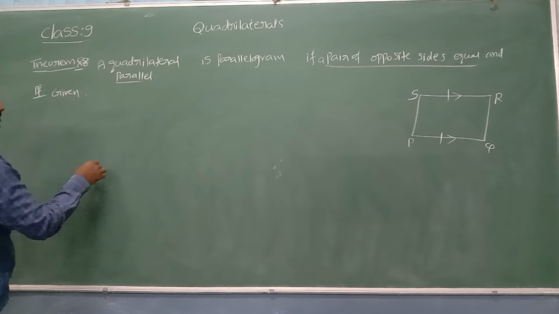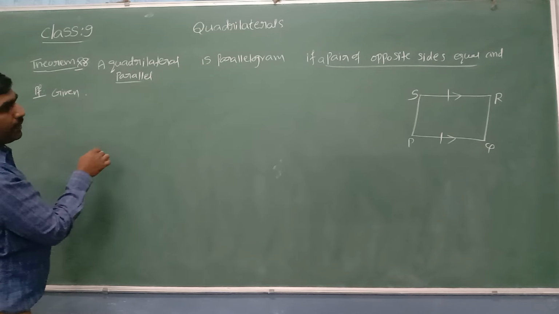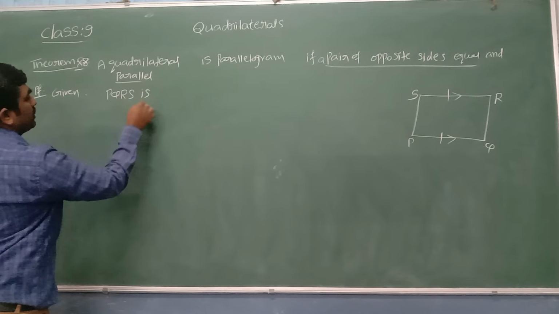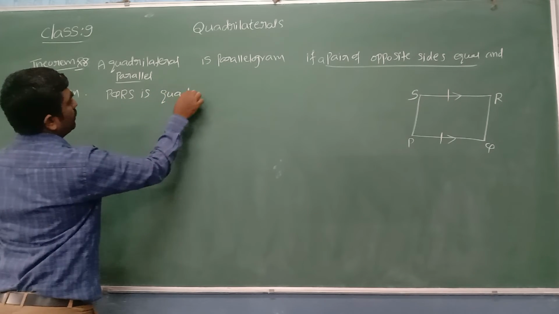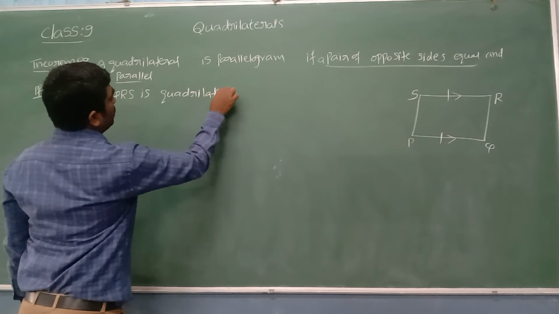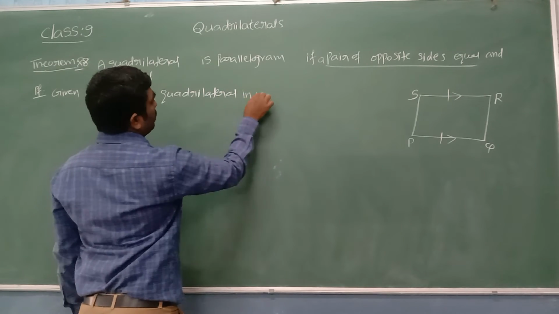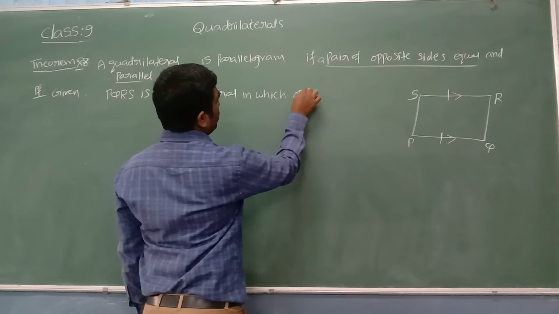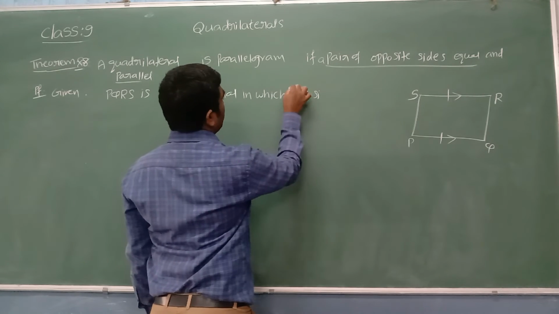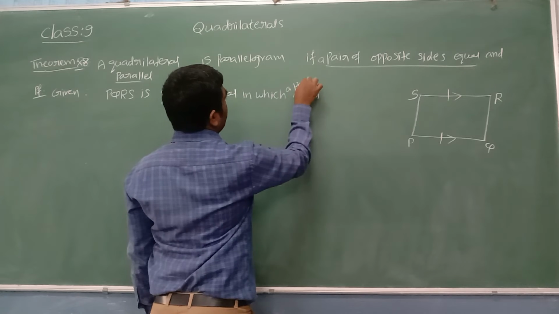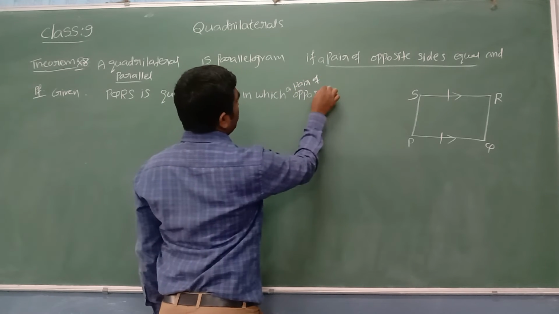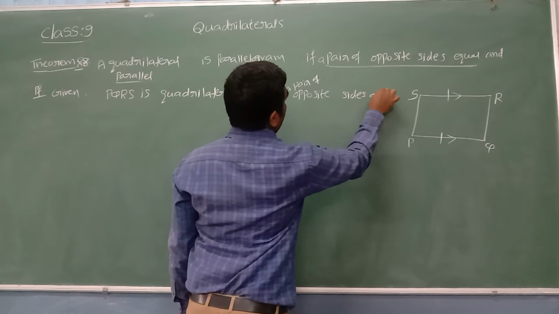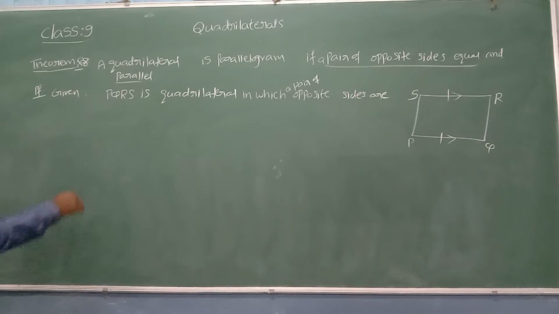What is given data? Given PQRS is a quadrilateral in which a pair of opposite sides are equal and parallel.